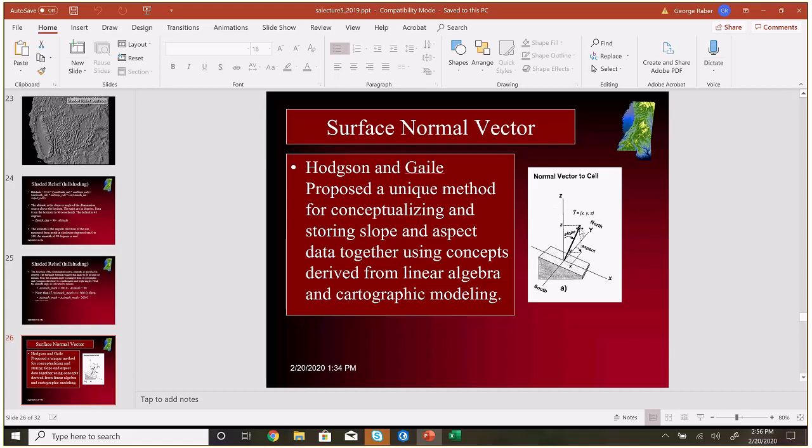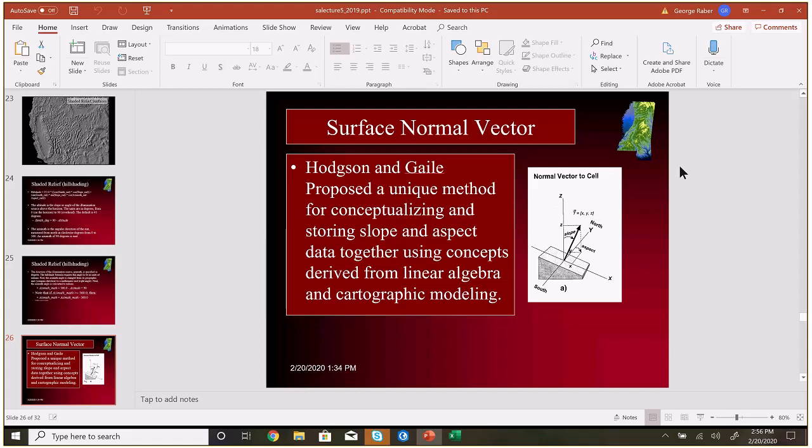So we store the XYZ location of this vector, and what we mean by surface normal is that it's only 1 unit and exactly perpendicular to the slope. Think about the slope as a plane: the vector sticks out of the plane exactly perpendicular to it, so as it moves around, it's always exactly perpendicular.